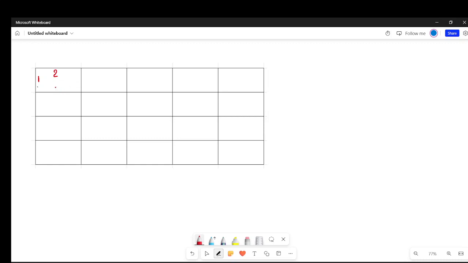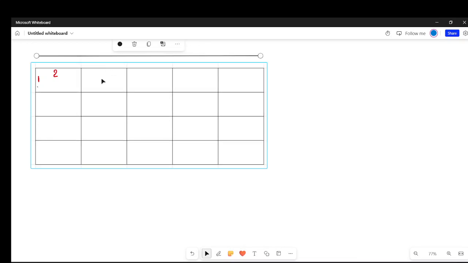Clear? Then the length of the whole floor will be... how can you calculate the length of the whole floor?